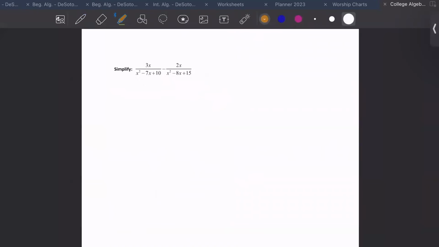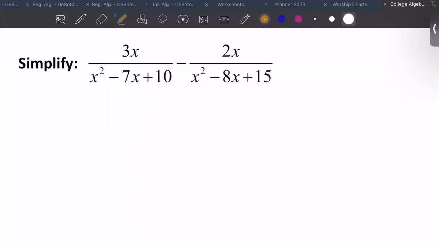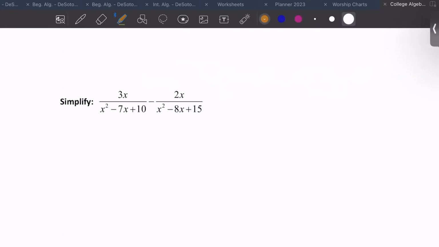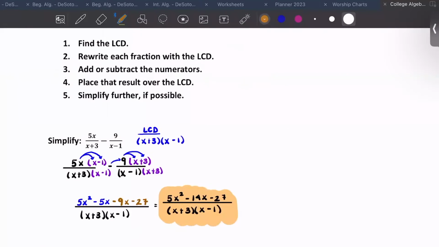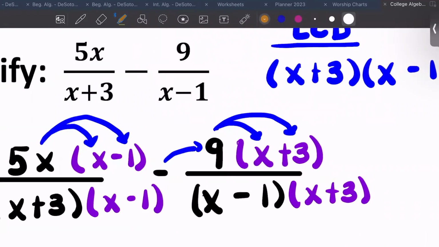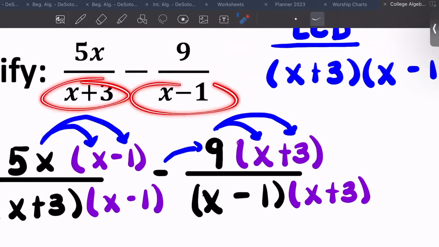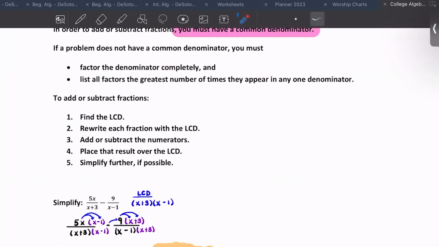So let's go to this one, okay? Well, we have a bunch of stuff going on, all right, in the denominators. We have two easy trinomials, right? Your first step is to factor your denominators completely, okay? On this last example, there was nothing that we could do to either one of our denominators to make them any simpler than what they already were.